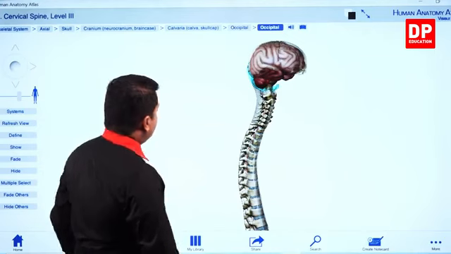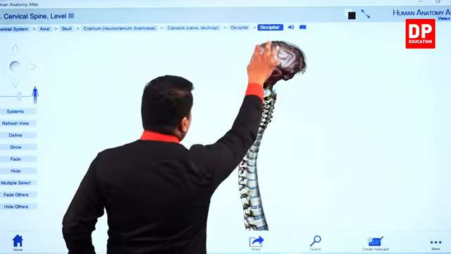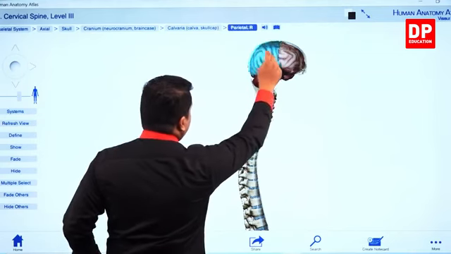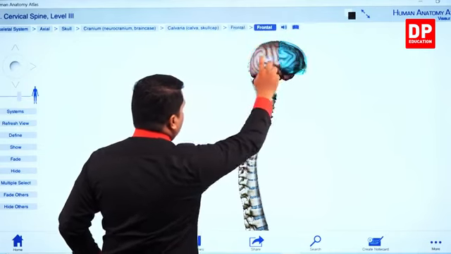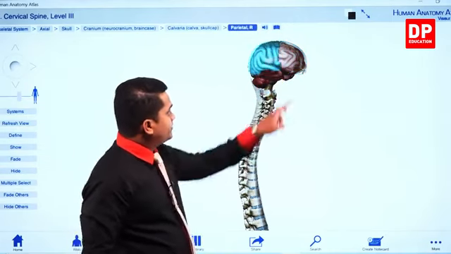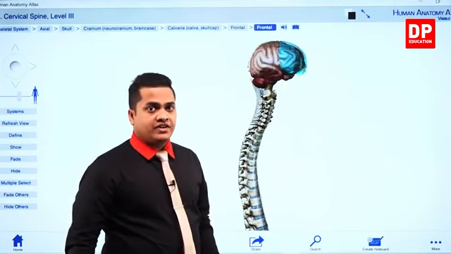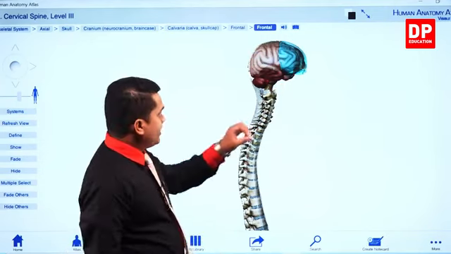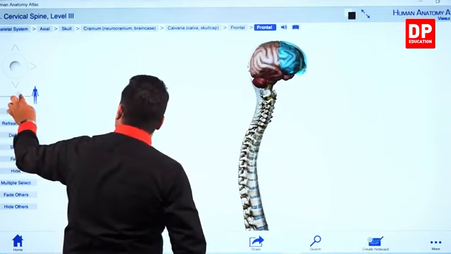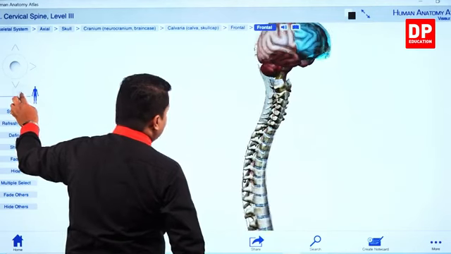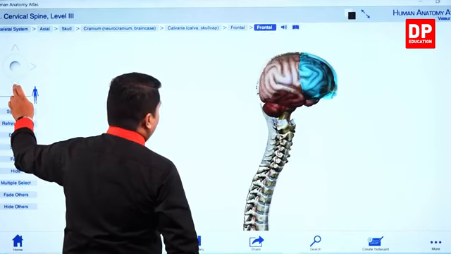So this part of the brain is referred to as the cerebrum. Here you can observe the cerebrum has convoluted tissues.